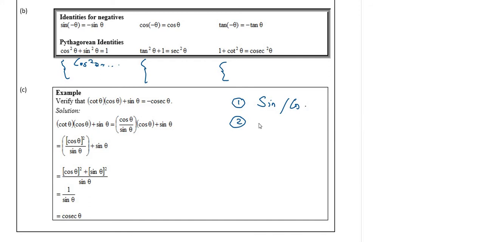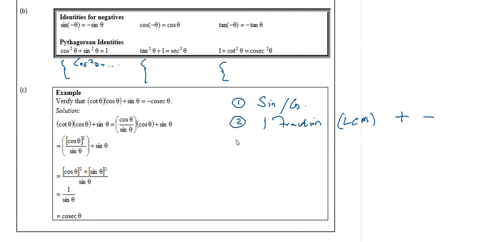So make one fraction by using your lowest common multiple, adding and subtracting fractions, and all that we have done in previous units.